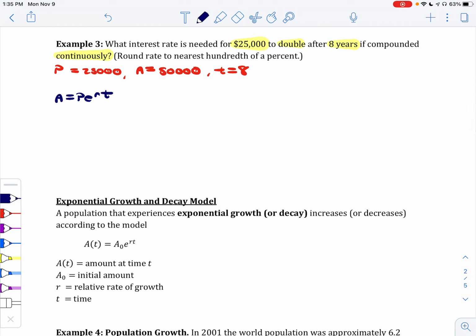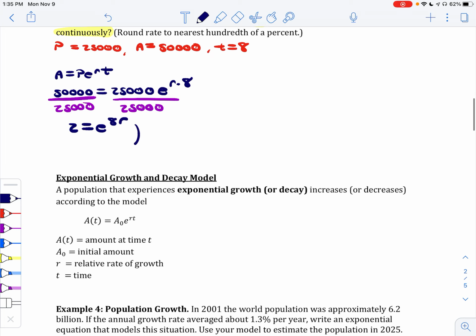All right, so plug everything in. That's going to give us $50,000 is equal to 25,000 times e to the power of r times 8. So we need to solve for r. So we want to isolate our exponential term, which means we're going to divide by 25,000 on both sides. That'll give us 2 is equal to e to the power of 8r.